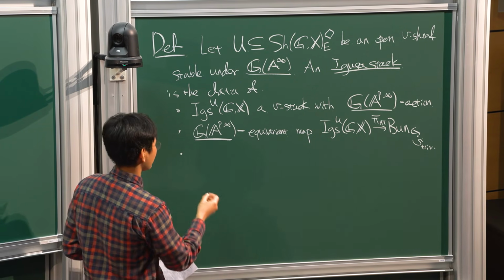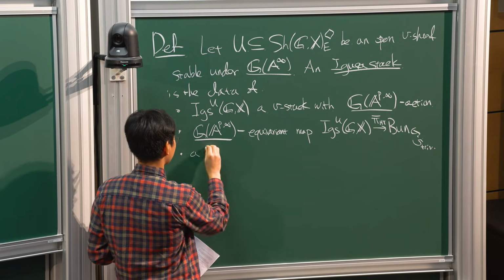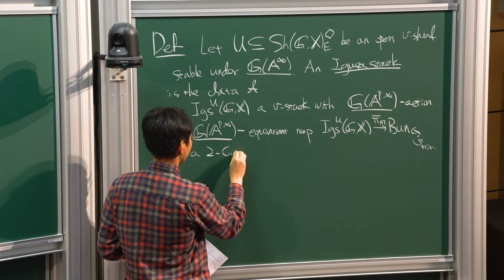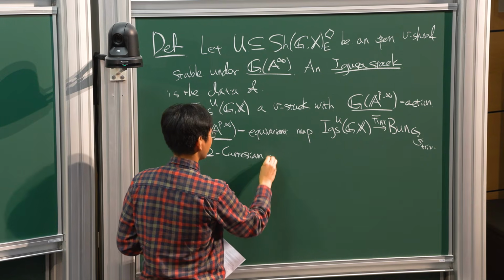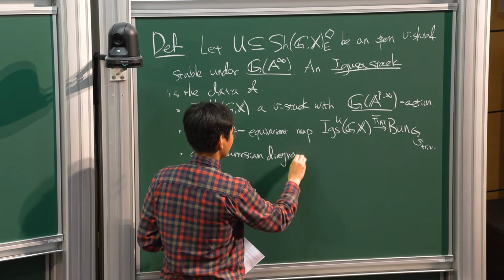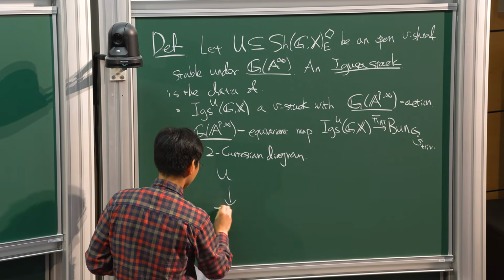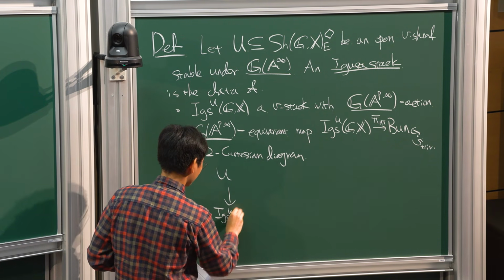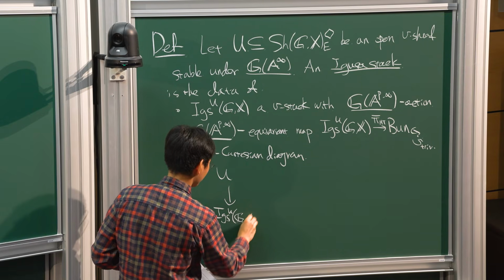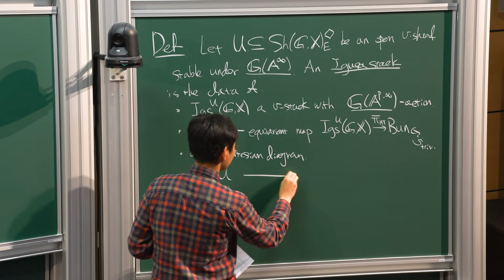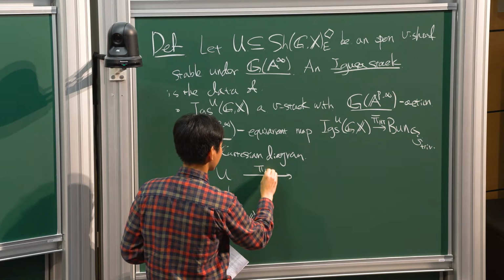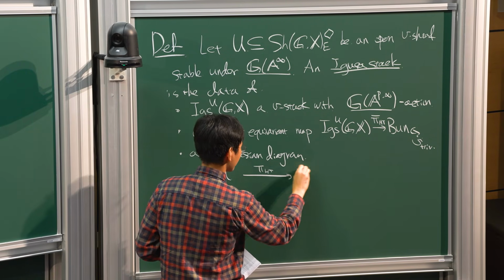And third, I want a Cartesian diagram that's sort of familiar to us. U maps to X_U of G_X. This should map, by the Hodge-Tate period map, to the flag variety.